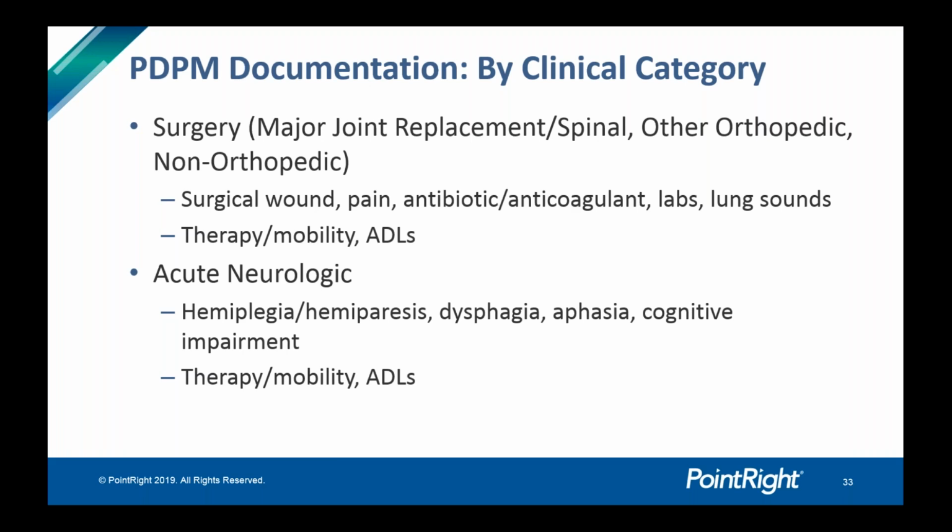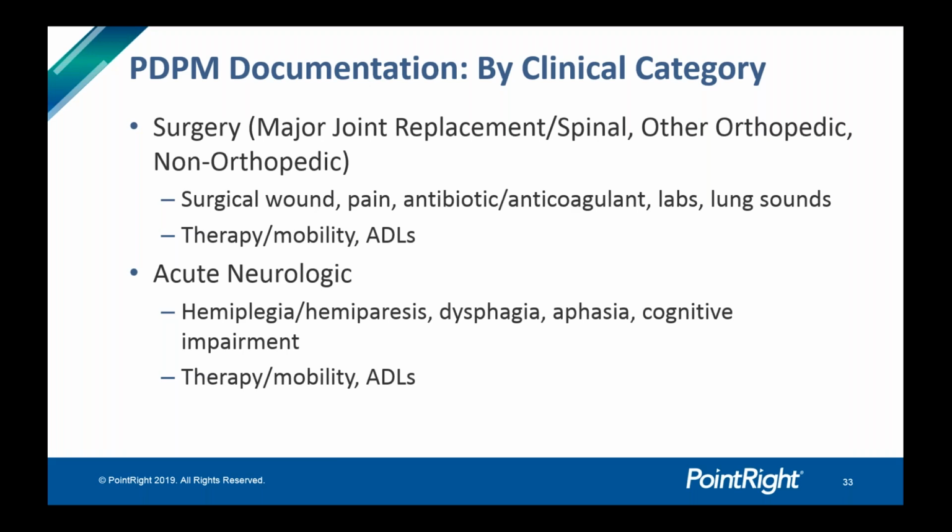You'd expect to see a surgical wound, assessment for pain, if they're on any medications like an anticoagulant, lab values, you're checking their lung sounds, you're making sure they're getting up and mobile, they're having therapy. All of that stuff you would provide to a post-surgical patient.